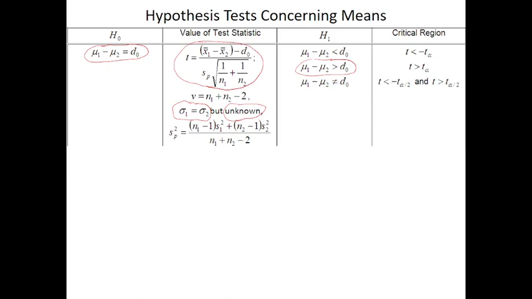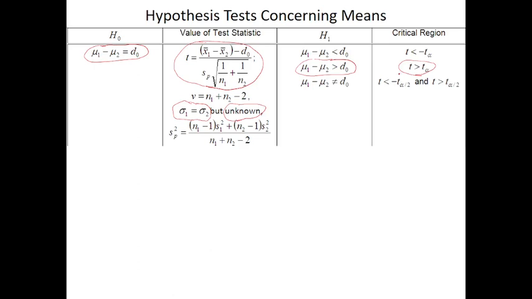That is stated in the problem. So in that case, we're going to establish the critical region: t greater than t sub alpha.